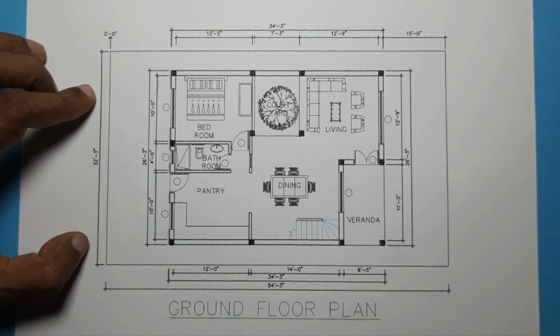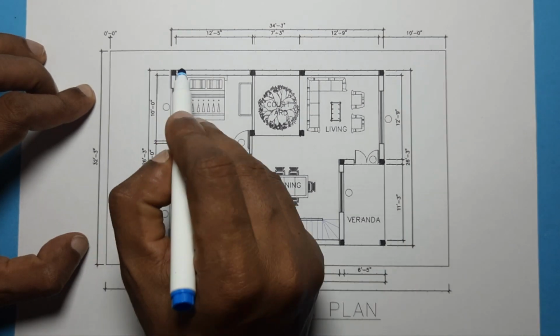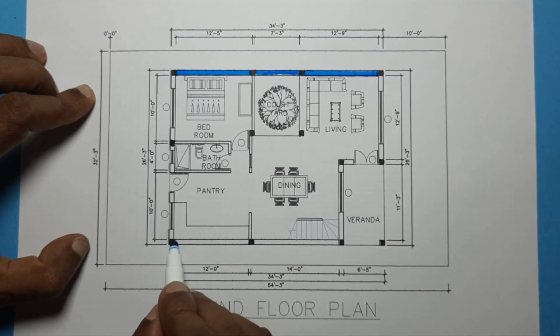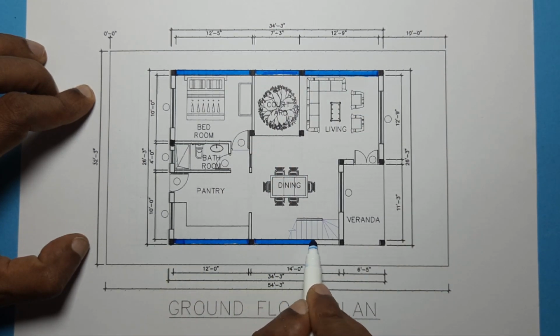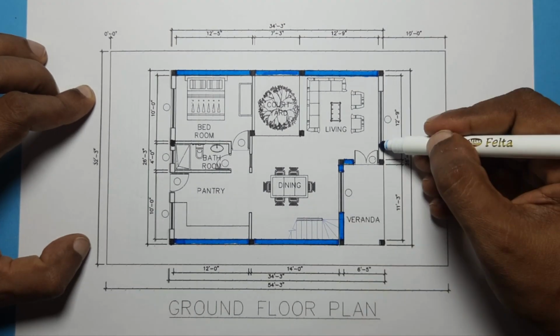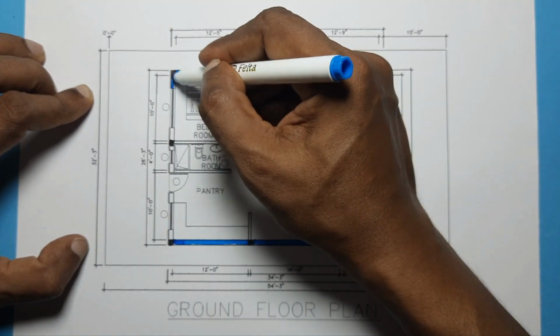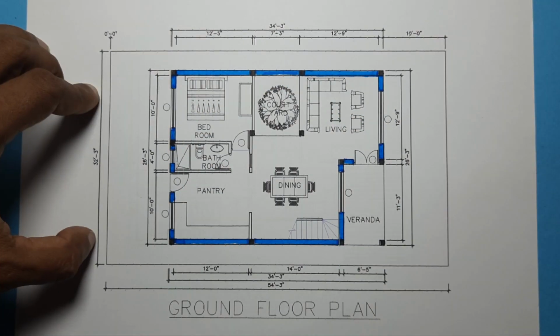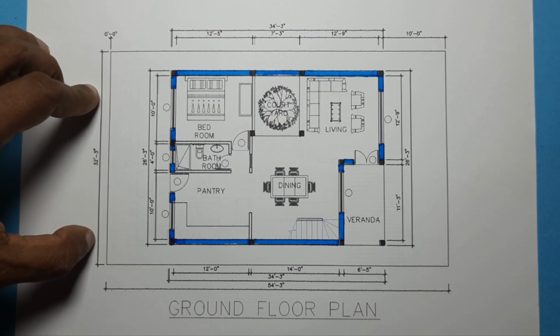Now I will mark the 9-inch thick brick walls with blue color. And all internal walls will be half-inch brick walls. I will color them with pink color.